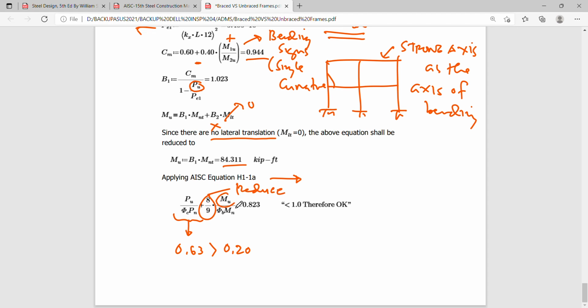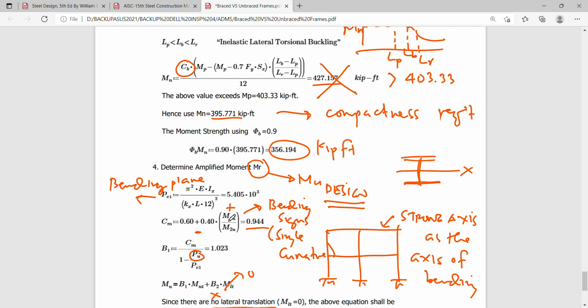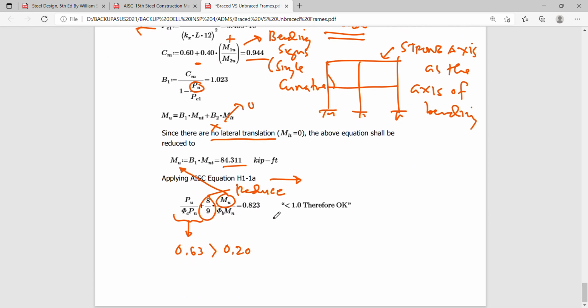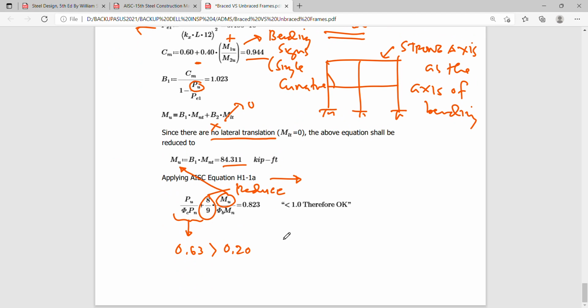So, okay, so this is now an amplified moment. I have to reduce it by 8 over 9 and then divide it by the moment strength and compute it on the basis of the bending strength a while ago, which is 356.194, and I get a value less than 1.0.